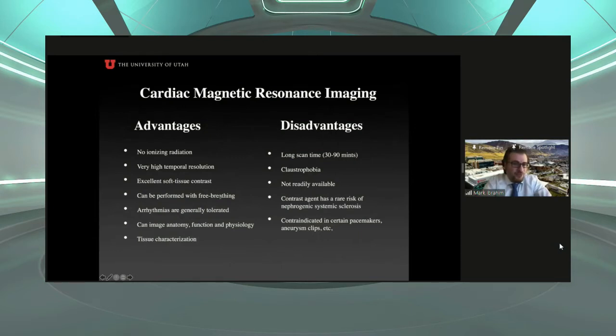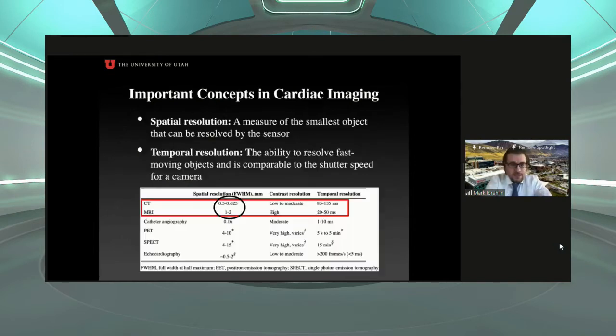It can also be performed free breathing, and arrhythmia is generally tolerated. However, it comes with disadvantages like long scanning time and claustrophobia, because you need at least 30 minutes in the scan. It is also not readily available, and you will be using another contrast agent called gadolinium, with a risk of nephrogenic systemic fibrosis or sclerosis.